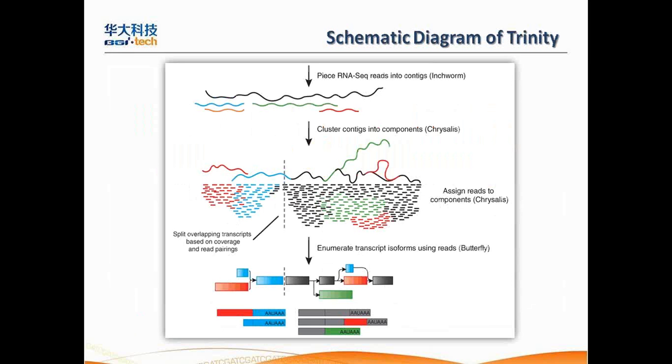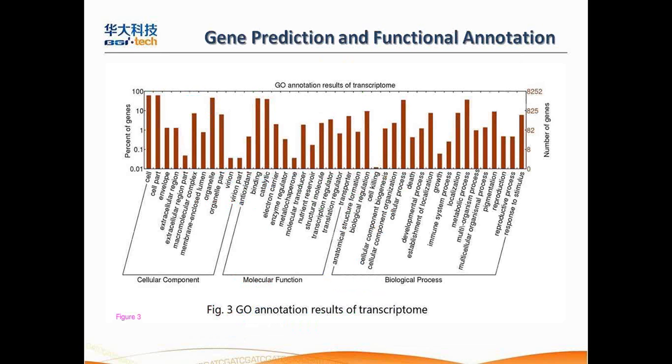And after we use Trinity to de novo assemble the transcriptome, we can make use of this transcriptome and try to align all the transcripts to some known database, such as InterPro or the KEGG pathway, or some other known database to figure out their function.